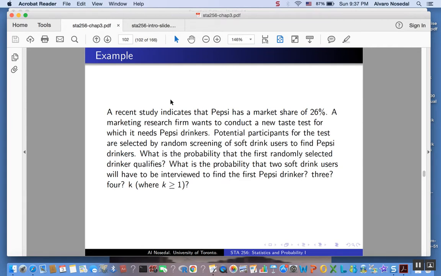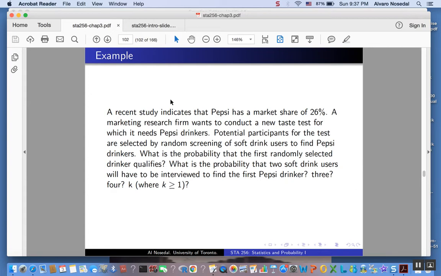Our problem is finding the following probabilities. That the first randomly selected drinker is a Pepsi drinker. That they need to contact two soft drink users in order to find their first Pepsi drinker.